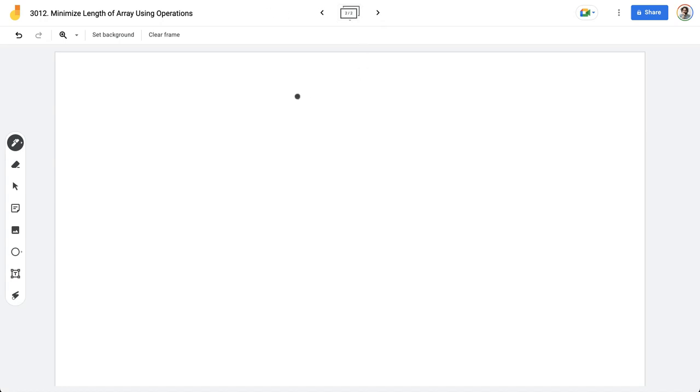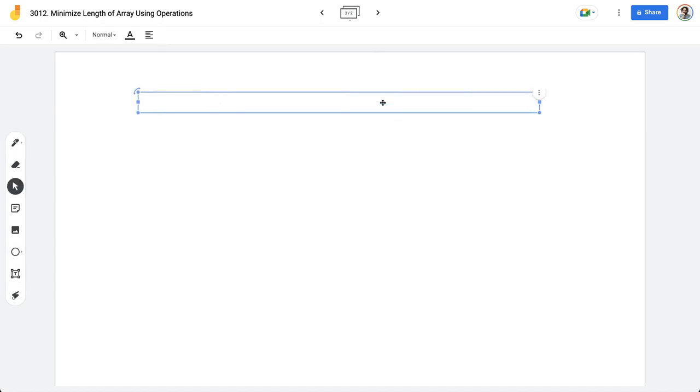Then I tried to think backward. By thinking backward, I mean, how does the array look after the last operation? How does it look?